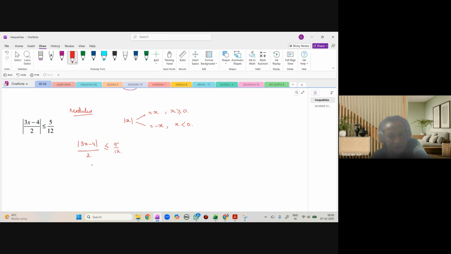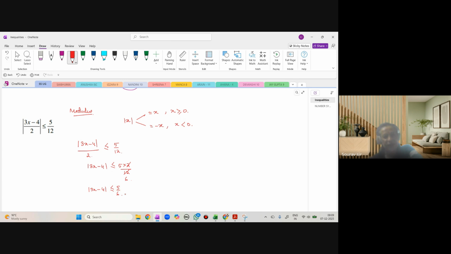So now I can write modulus of 3x minus 4 is less than equal to 5 into 2 by 12, which is 5 by 6.